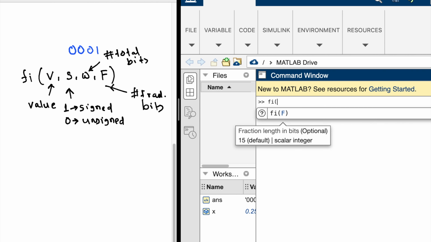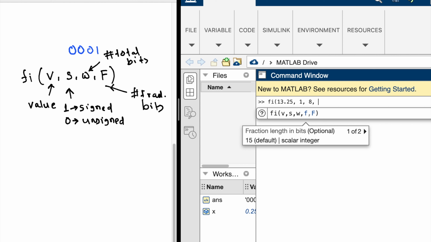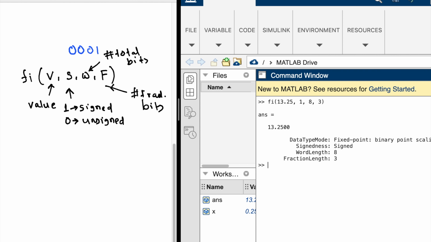Let's use this command fi of 13.25. This is a signed number, let's say an 8-bit word, and let's take the number that we had taken earlier, 13.25. And the number of fractional bits, let's say, is 3. Okay.